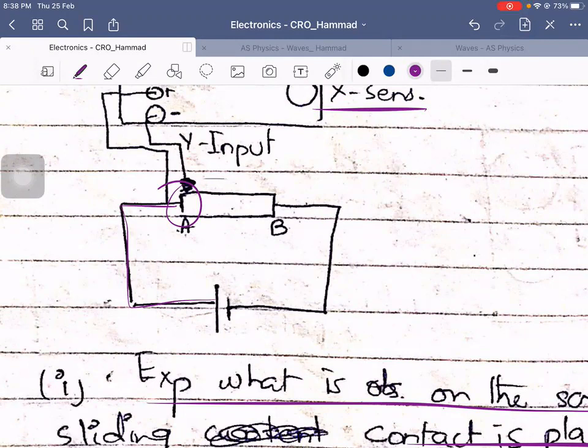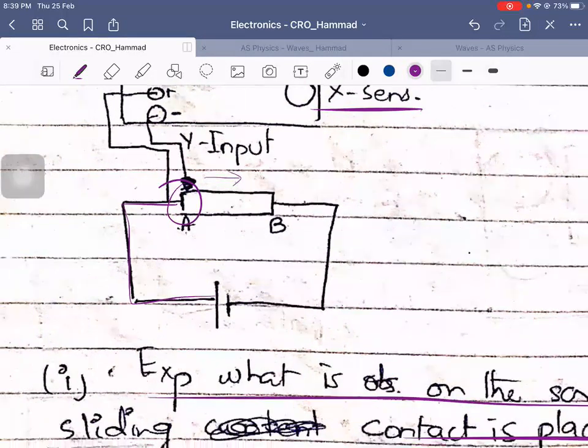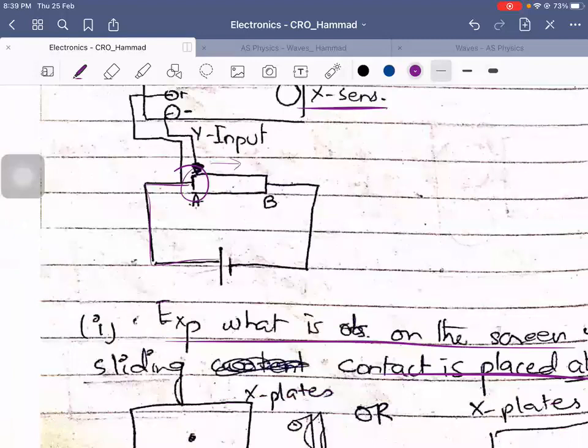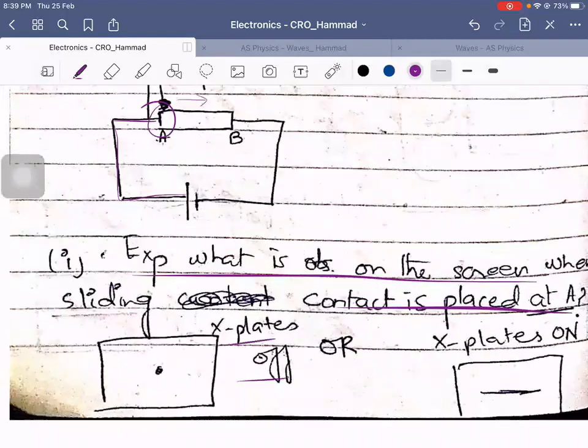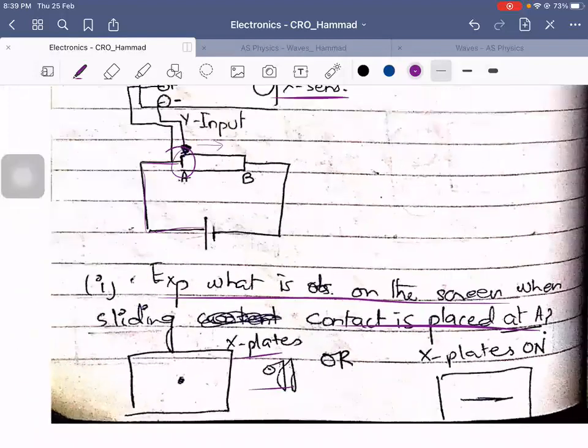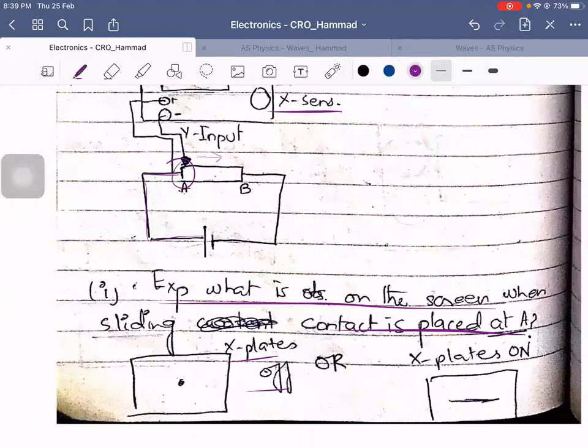As soon as this potential divider moves to point B, the entire voltage value is dropped across the resistor, right? So when the X plates are off and it's at point A, there is no voltage drop. Voltage drop is equal to 0. So it's a simple dot that you would see on the CRO screen.